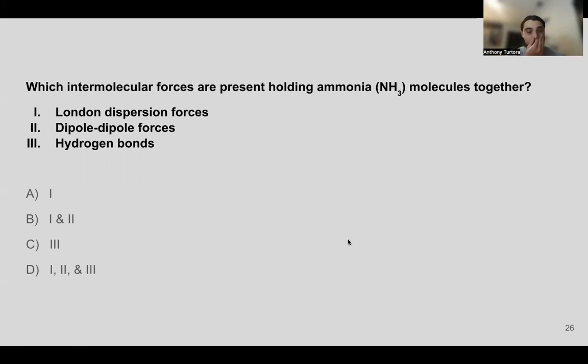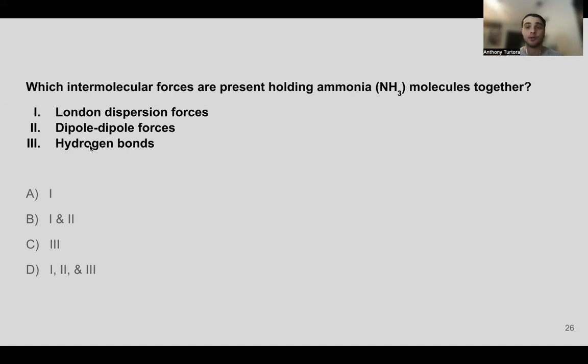As this is a Roman numeral question, I'm going to evaluate the Roman numeral that comes up exactly twice. I can look at 2 or I can look at 3, so I will look at 3 first. I have 3, which is hydrogen bonds.